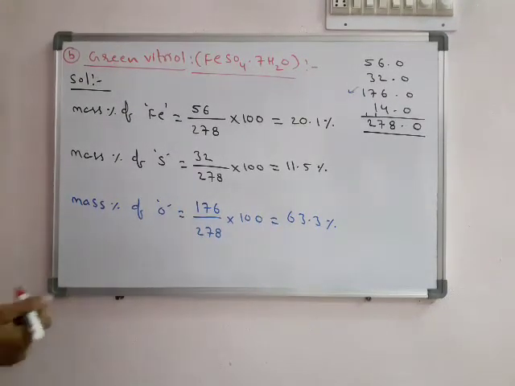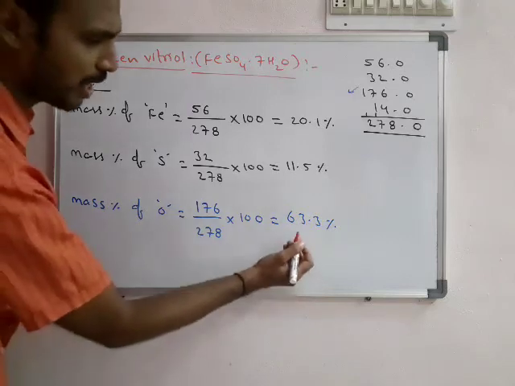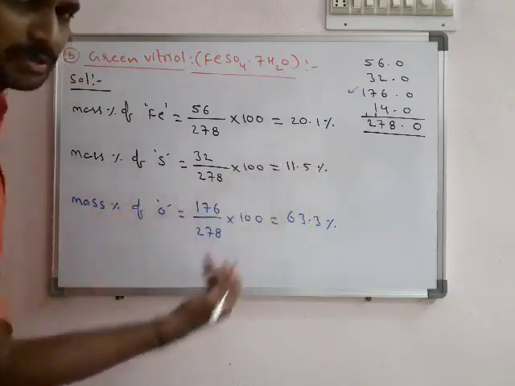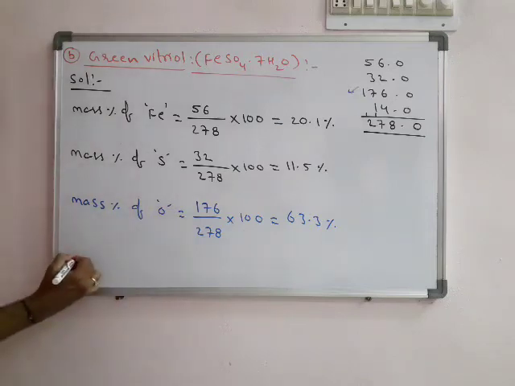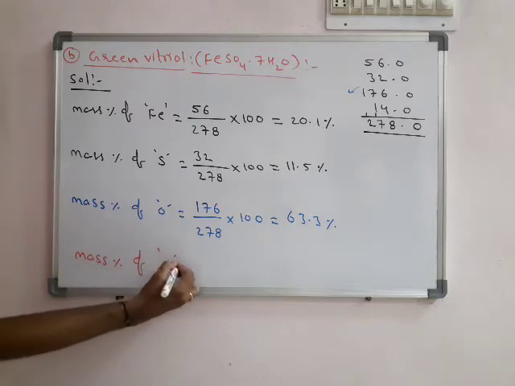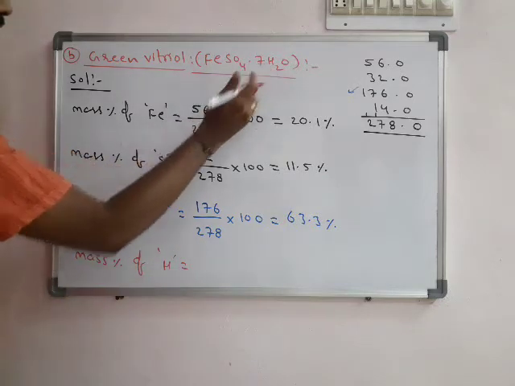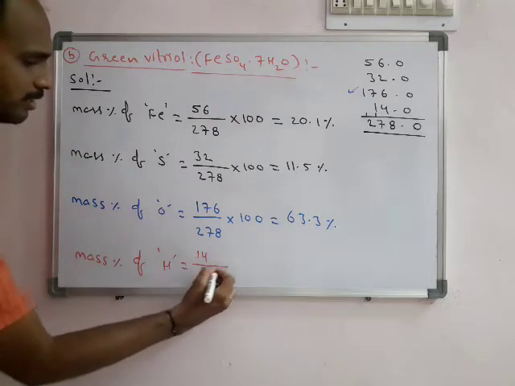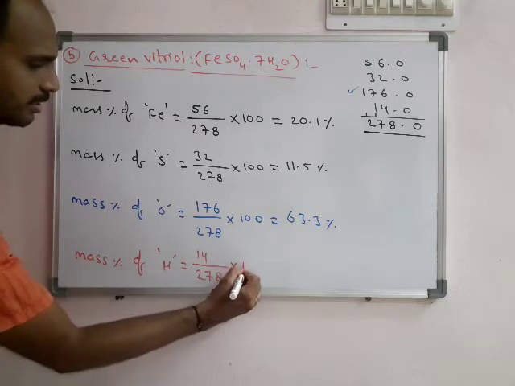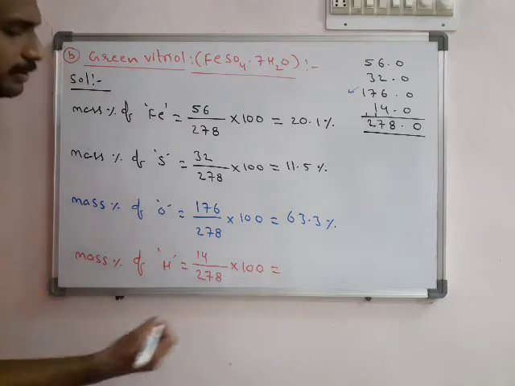Next, remaining for hydrogen. For hydrogen we can do 100 minus 63.3 plus 11.5 plus 20.1, but then the calculation also becomes very easy, because there are exactly 14 hydrogens. 14, total mass 278, into 100.